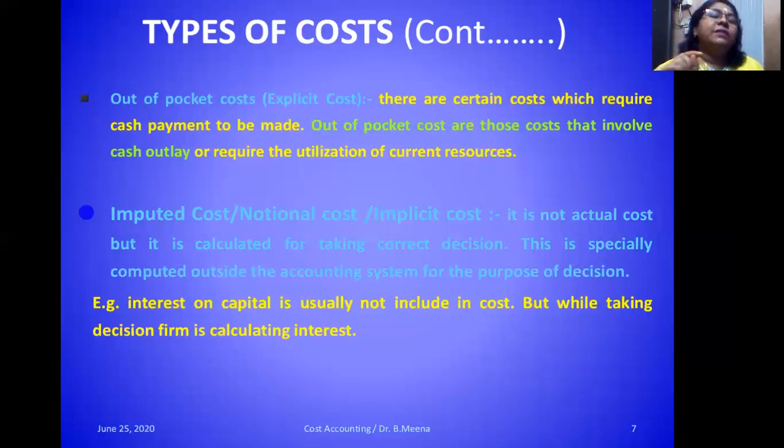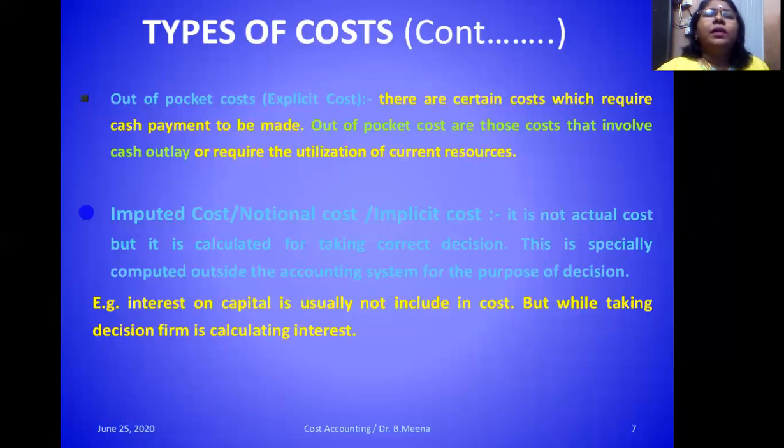So implicit cost is otherwise called notional cost or imputed cost. Those costs are not actually incurred, but they have to be considered to know the correct profit as per the economist's point of view. Examples are rent on own building, salary for the proprietor, and interest on my capital.